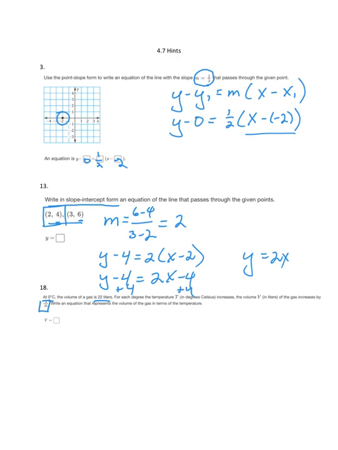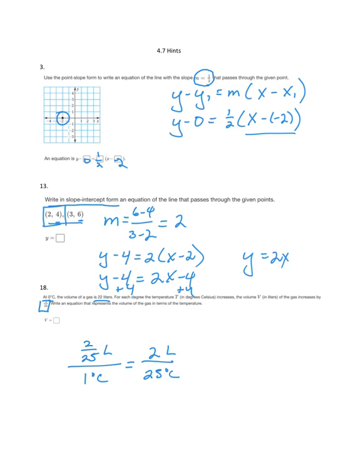And what it says is that the volume increases by 2 over 25 liters for every 1 degree Celsius. So we could rewrite that and say, well, that's 2 liters for every 25 degrees Celsius.